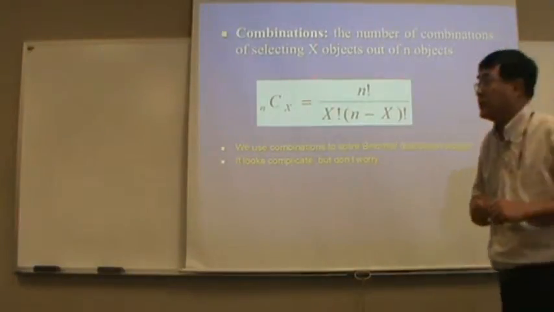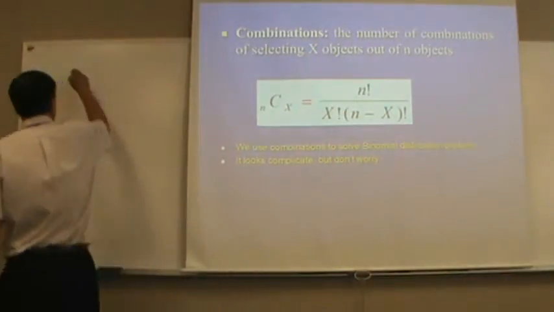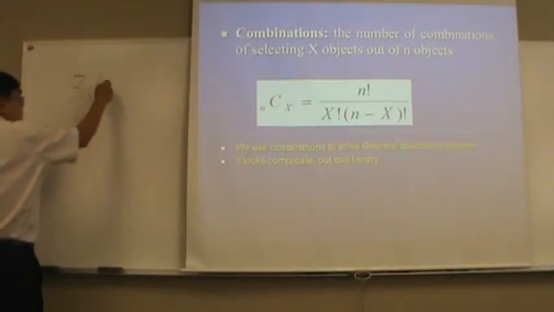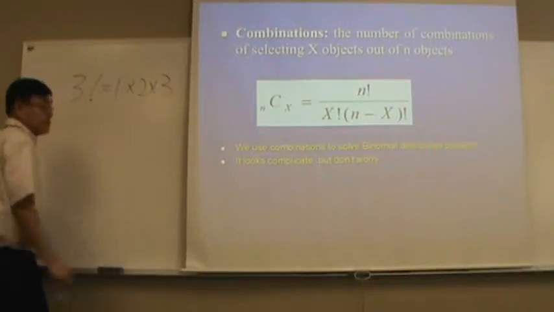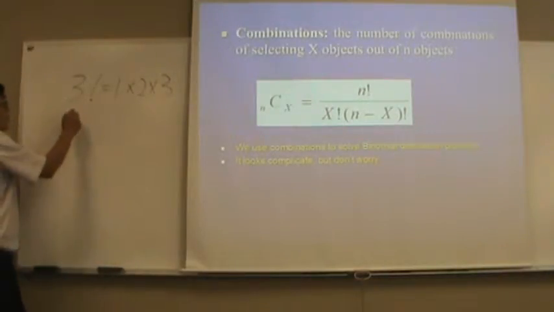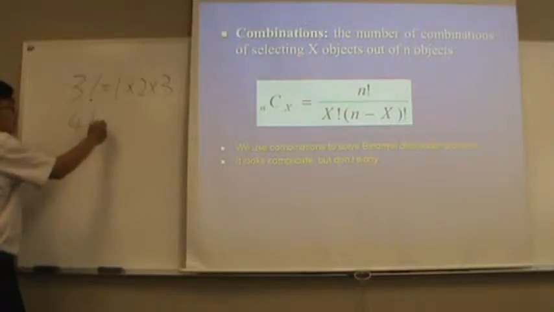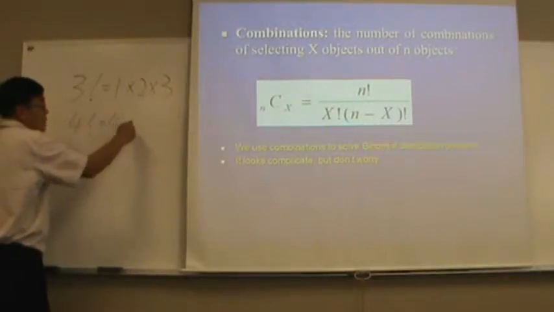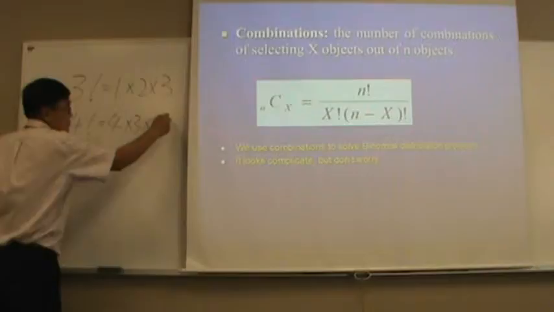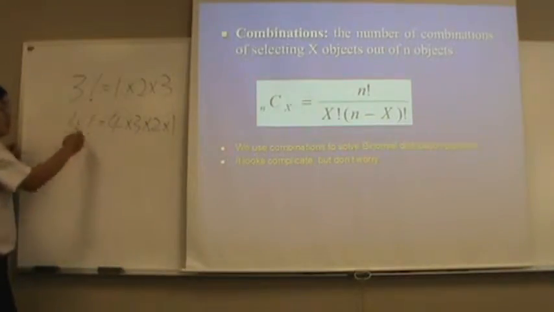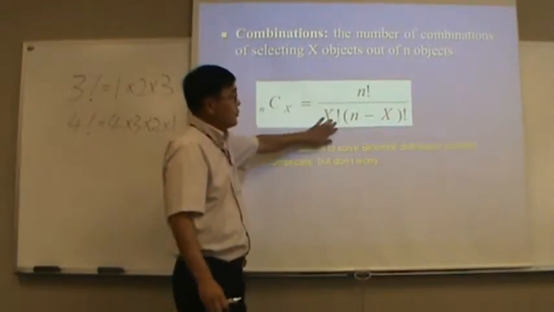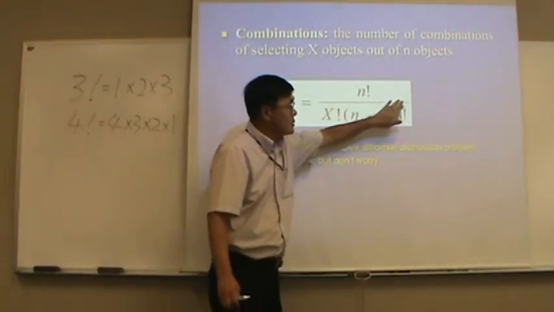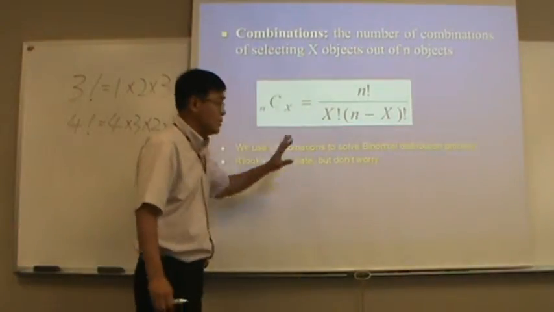If it's 3 factorial, it means 1 times 2 times 3. If it's 4 factorial, actually reverse, 4 times 3 times 2 times 1. That means from 1 times up to that number. n factorial divided by x factorial times n minus x factorial, that is combination.